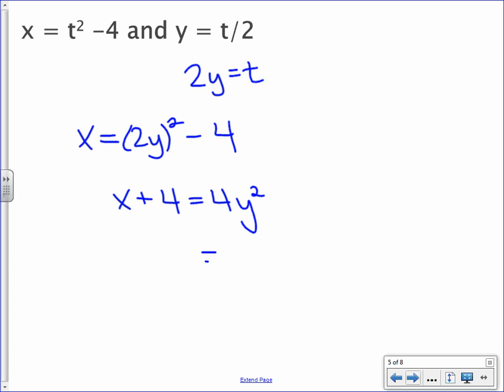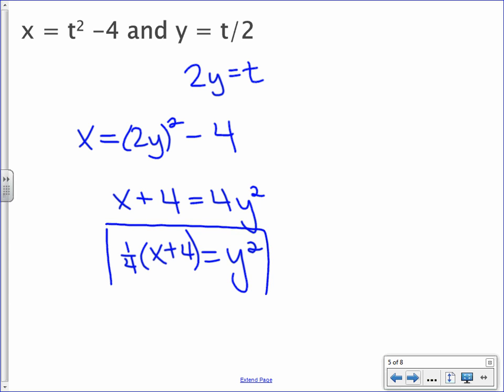So we need to write this as y squared equals x plus 4 divided by 4, which would be the same as a coefficient of 1/4. This is a parabola that opens to the right because we have a squared y and a positive p-value.